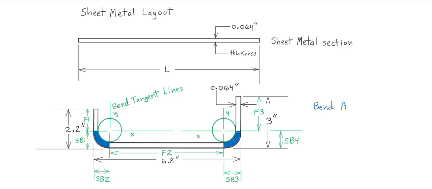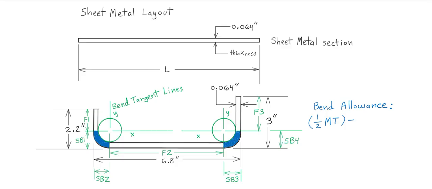So this lecture is only going to focus on the sheet metal layout for 90-degree bends. So we also have something called a K constant. This is the coefficient from the point of neutral axis of the bend. They just call it the K constant. So for 90-degree bends like this, the K constant is equal to 1.0. So it's pretty simple, actually.